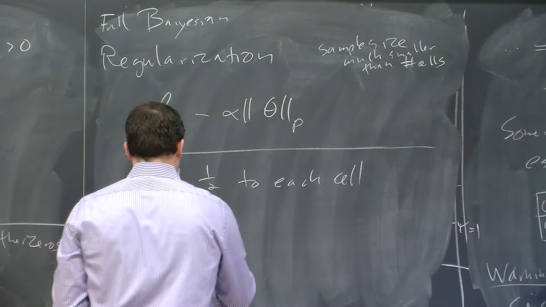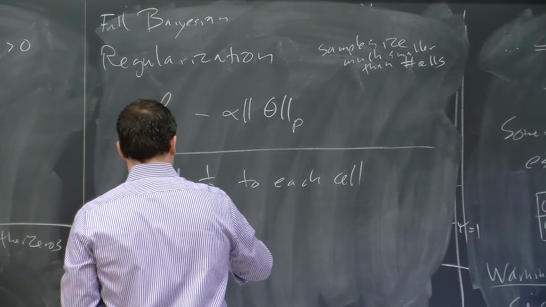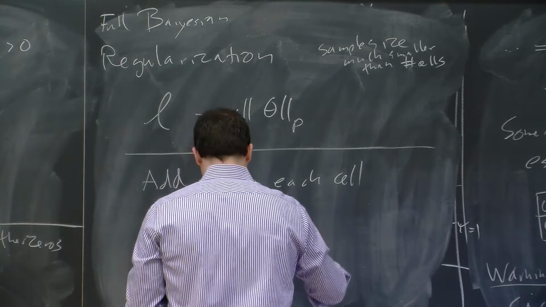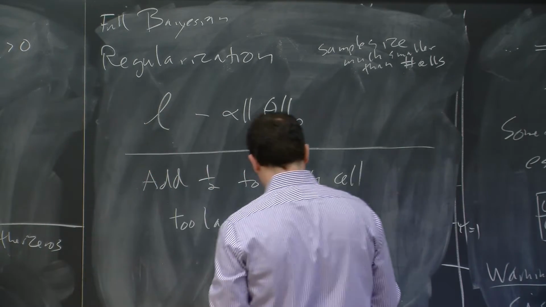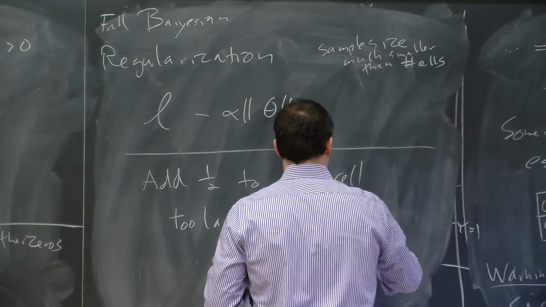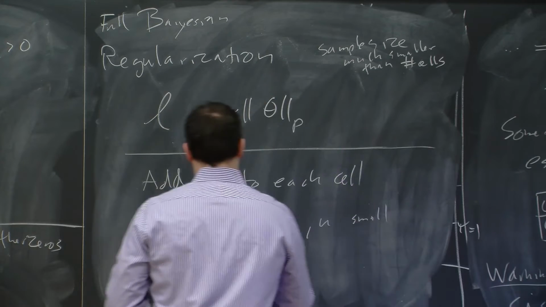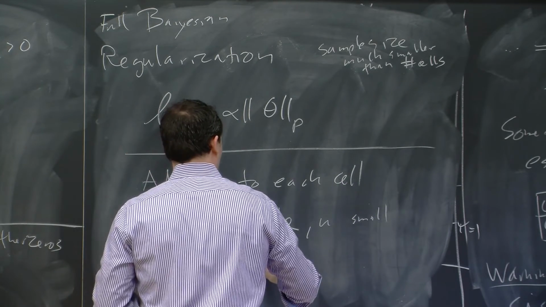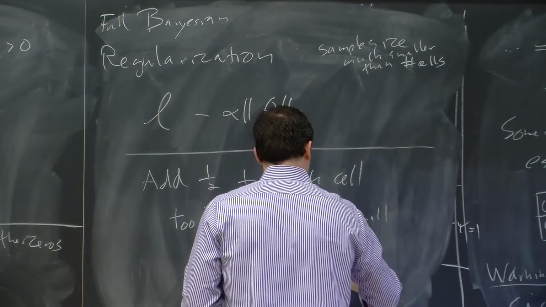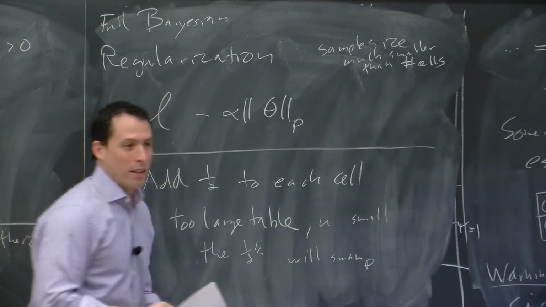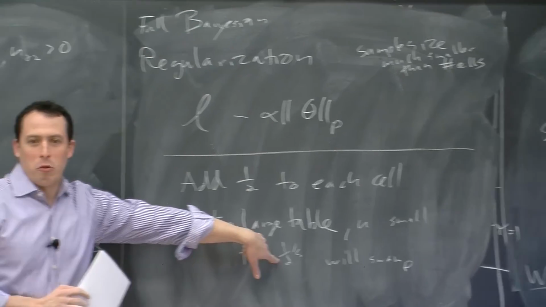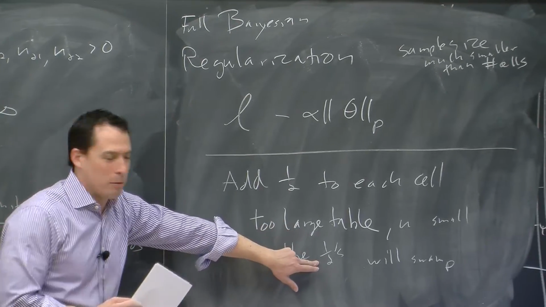Of course, if our table is too big, in other words I have many, many entries and n is too small, then all these 1/2s that I'm adding will swamp the data. You can imagine a situation where the total value of all the 1/2s is a multiple of the sample size, in which case you'll destroy almost all of your signal.